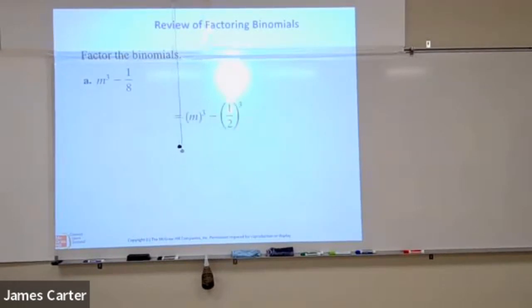Okay, well, here's this one. Perfect cube, 1/8 is a perfect cube, believe it or not: 1/2 times 1/2 times 1/2. So if you see a number like 8 in the denominator and it's a perfect cube, in this case the cube root of 8 is 2, so 1/2 is your B term.